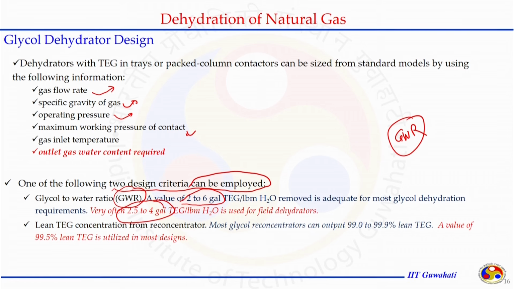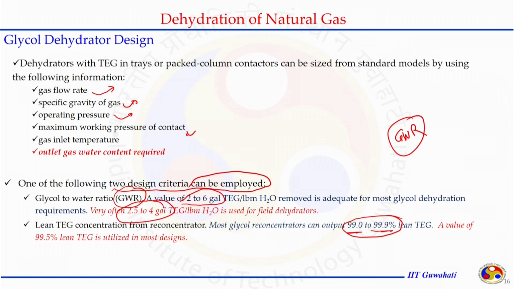Lean TEG concentrations: when we are talking about reconcentrating or recycling the TEG back to the absorption tower, we should design the process to meet a recovery or reconcentration in the range of 99.0 to 99.9% lean TEG.